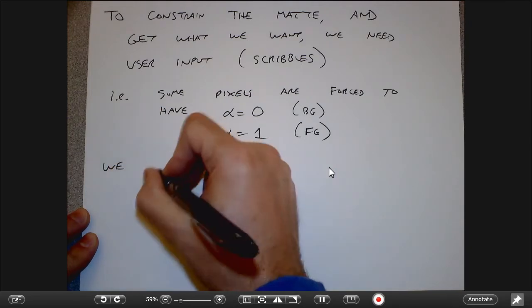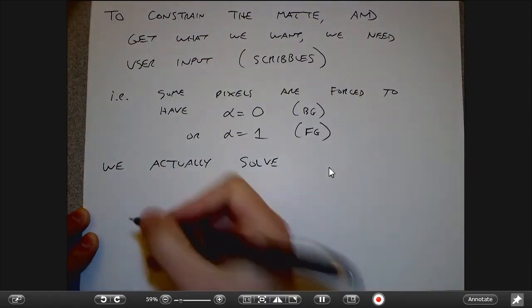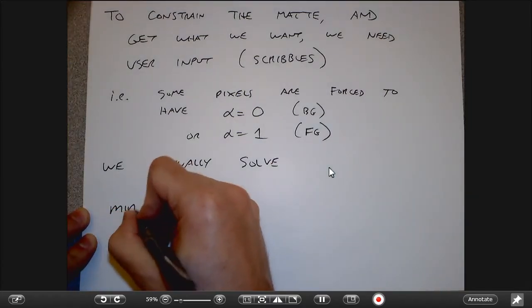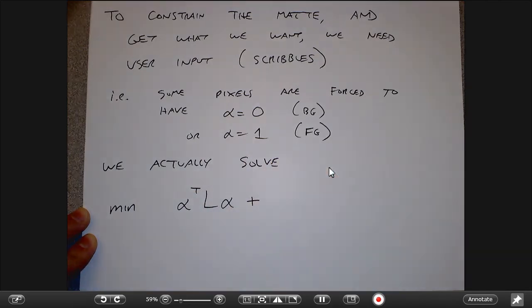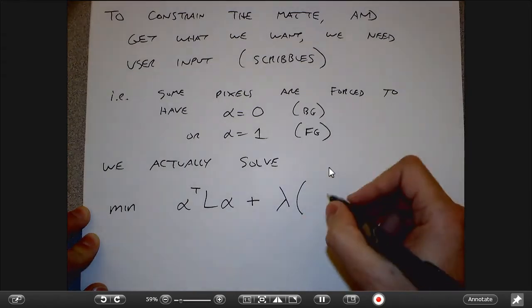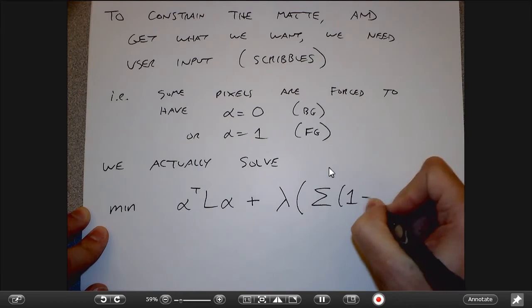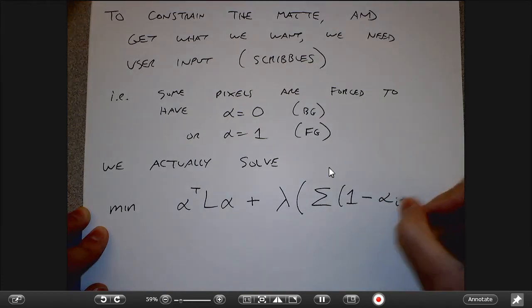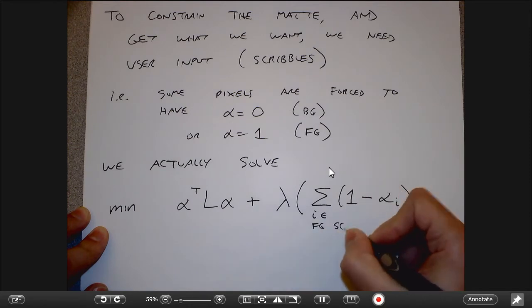We actually solve something like, I want to minimize this quantity plus something like lambda times the sum of 1 minus alpha I, where I is in foreground scribbles.